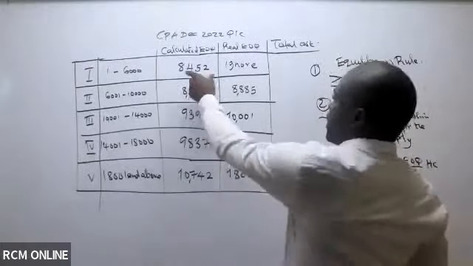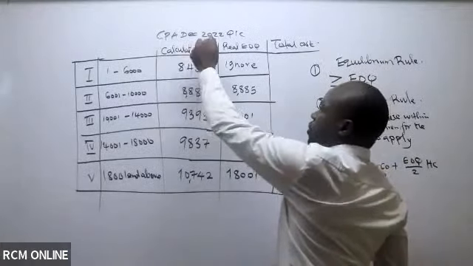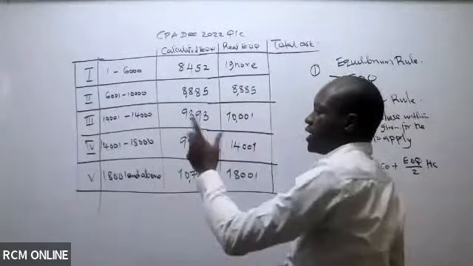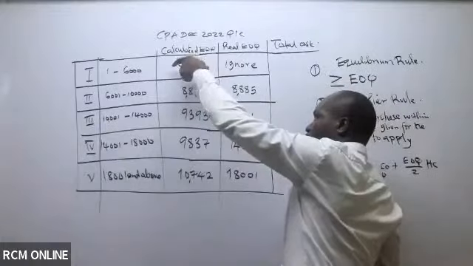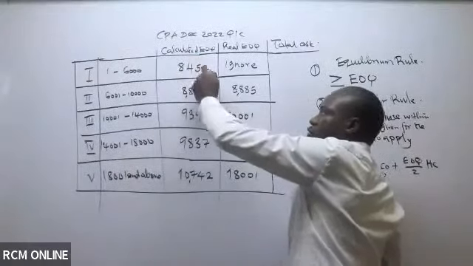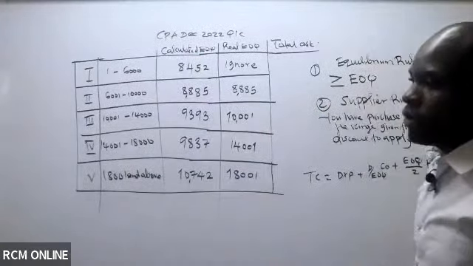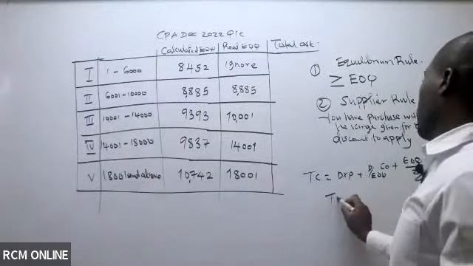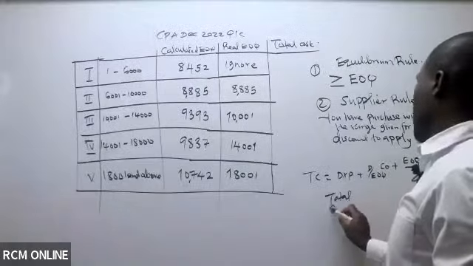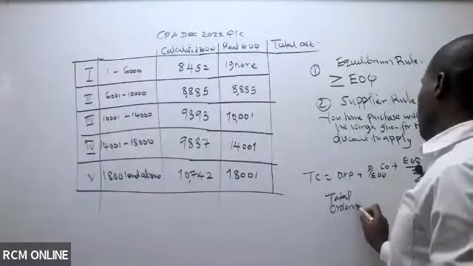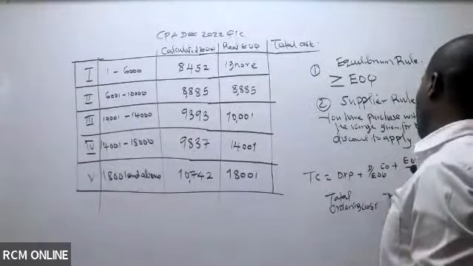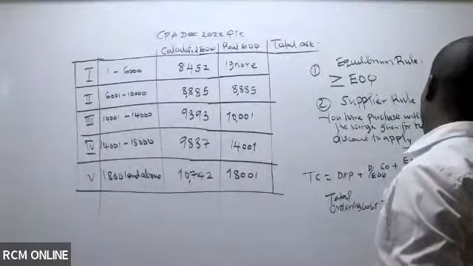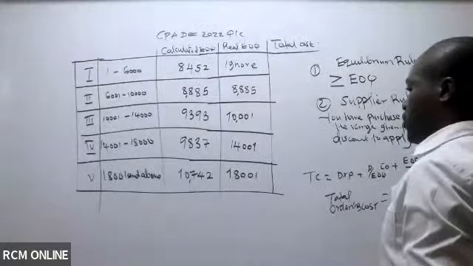Now let's come to the first one. This is the calculated economic order quantity. This is the equilibrium point. As per the data given, this is the equilibrium point. So if I purchase 84.52, I will be operating at the equilibrium point, whereby total ordering cost will be equal to total holding cost, right?